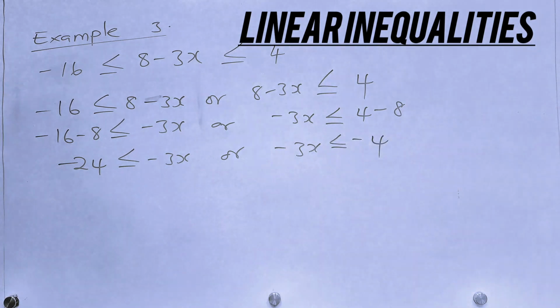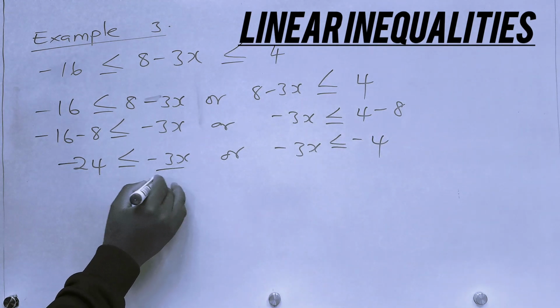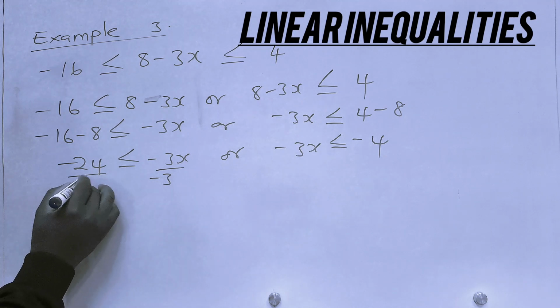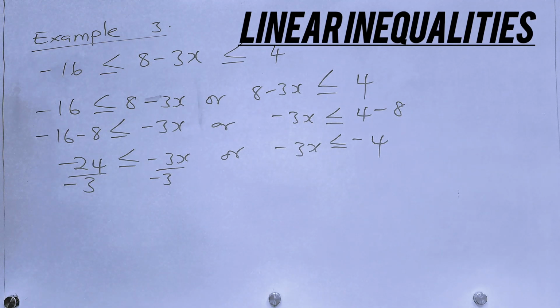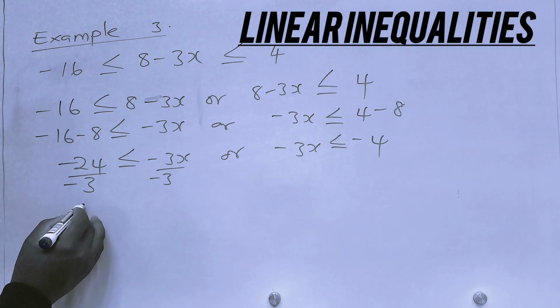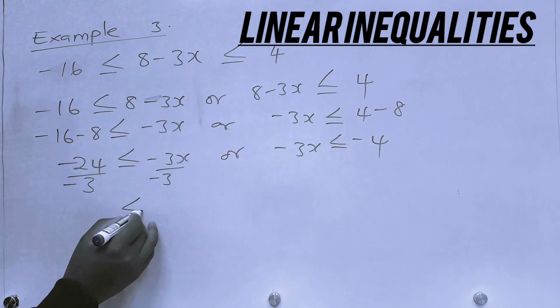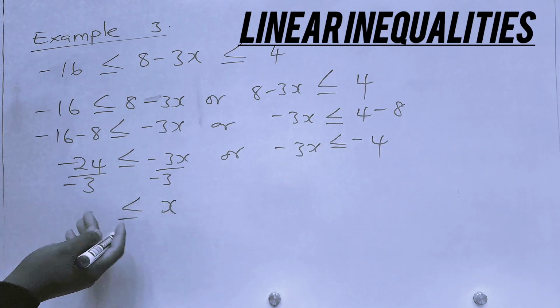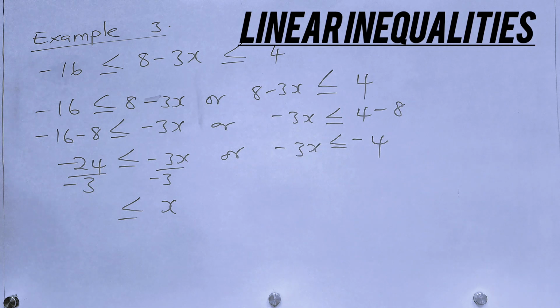minus 4. Then here we divide by minus 3, divide by minus 3. But we said, when you divide by minus 3, the sign is going to change. So this will become less than or equal to, now this is x. Minus 24 divided by minus 3 is 8.